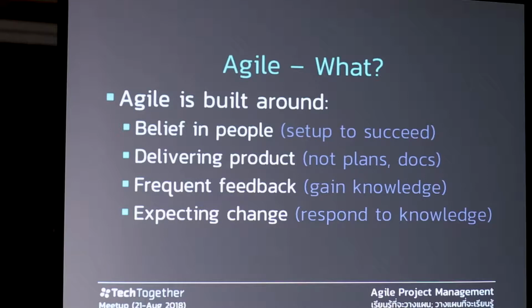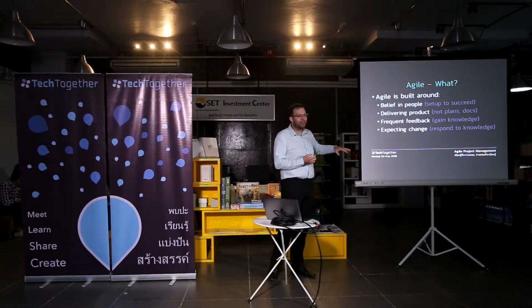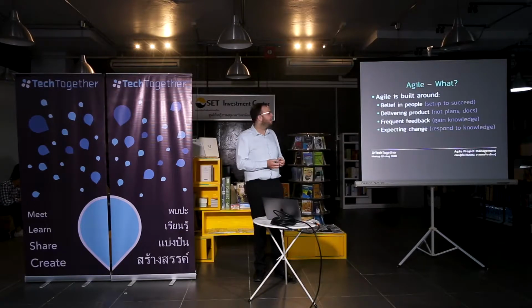Okay, frequent feedback. This is probably the one I will talk about the most. And when I discovered Agile, this was the one that I thought was the most important. I've mellowed a little bit, I've added a bit more since then. But for me, this was the first obvious difference between Agile and a traditional project management approach.